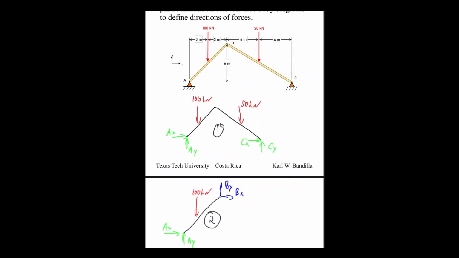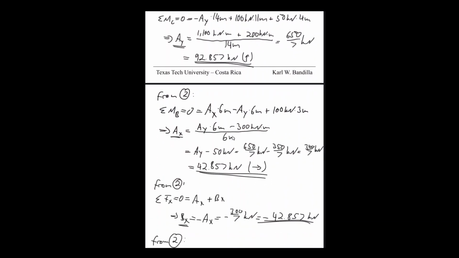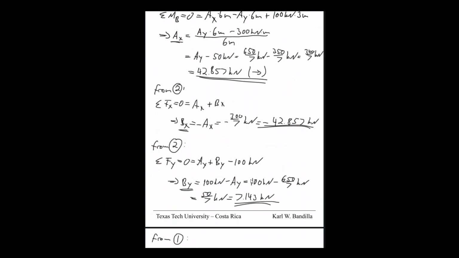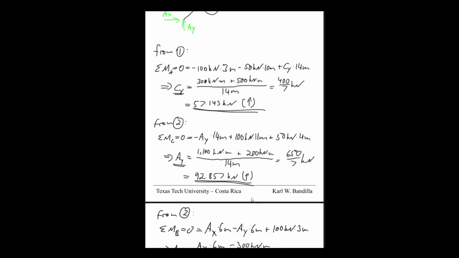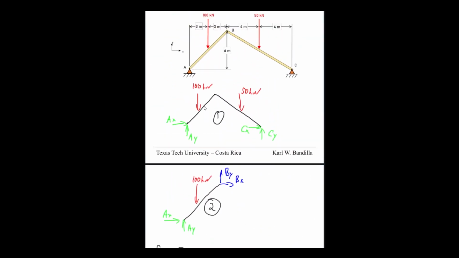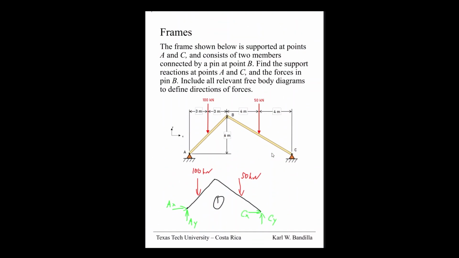Now we didn't draw the free body diagram, but if we just look at this side, then we know that my By would be counting downwards, so By and 50 should be equal to Cy. By is 7.1, and Cy is supposed to be 57. Yeah, so 7 plus 50 is 57. All right, so it looks like we got some pretty good results.